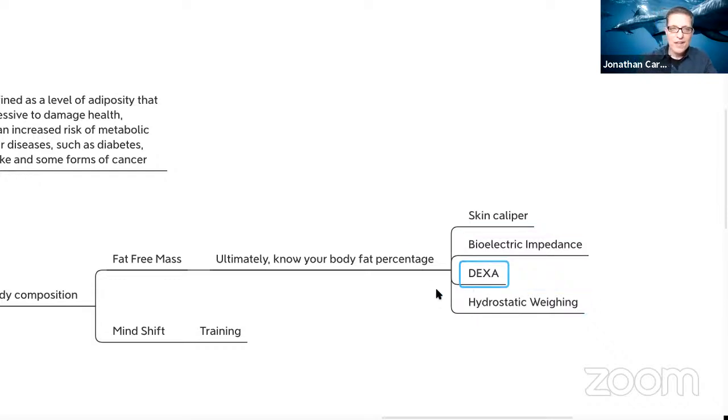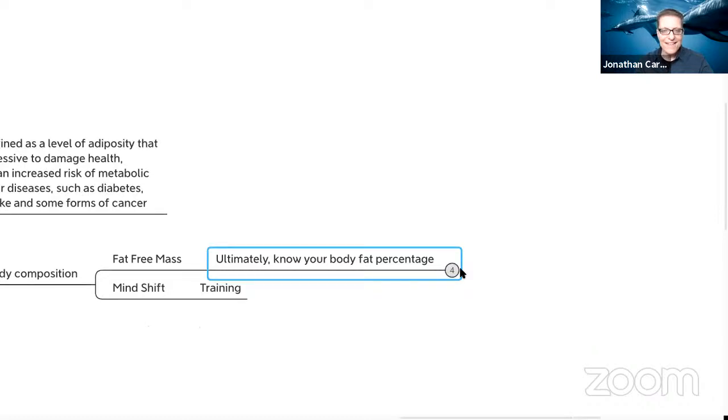DEXA scans, which many of you know as something that we use for bone density, can also be used for body fat percentage, and are actually incredibly accurate. And hydrostatic weighing, which we spoke about last week as well, where you submerge yourself, and they're able to get the difference between the lean body mass and body fat based on your displacement of water in this bath.